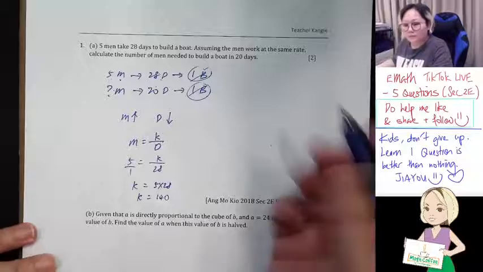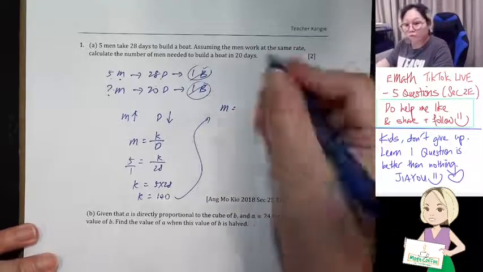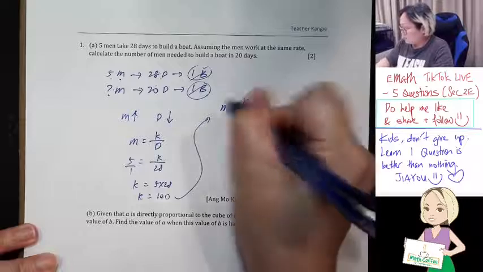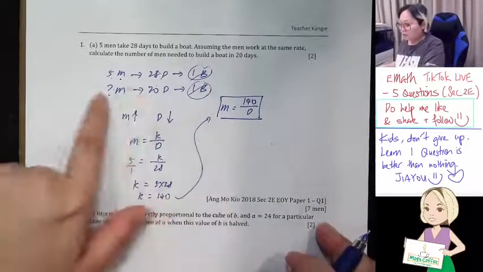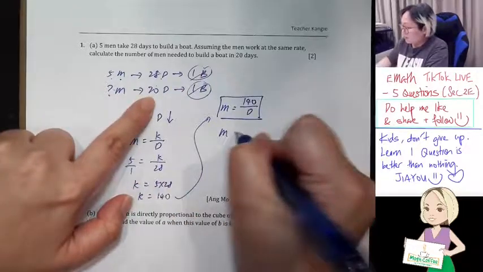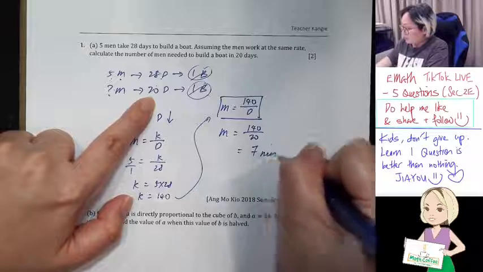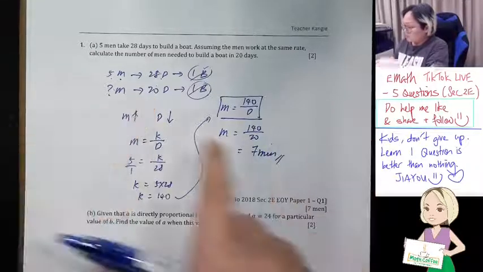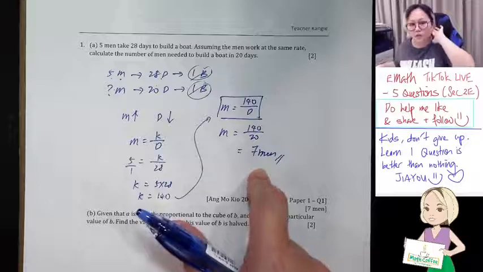Then my full formula now is M equals 140 over D. Then we can use this formula to solve the second one. It's question mark men and 20 days. So M is equal to 140 over 20. That means it will be 7 men. So for 20 days, you will need to hire 7 men to do the work.